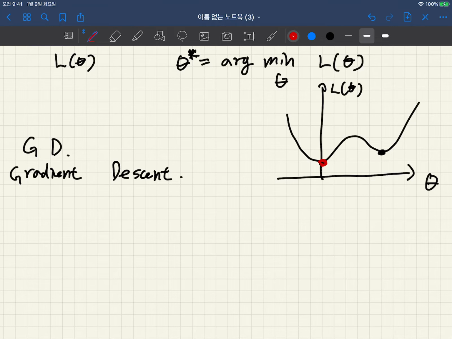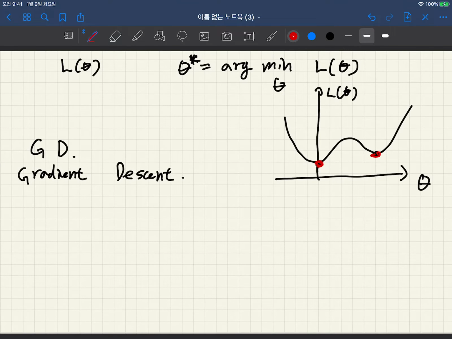Local minima means locally. When you look at some very tiny neighborhood, if the point has the least value among that tiny neighborhood, then we say the point is a local optima.